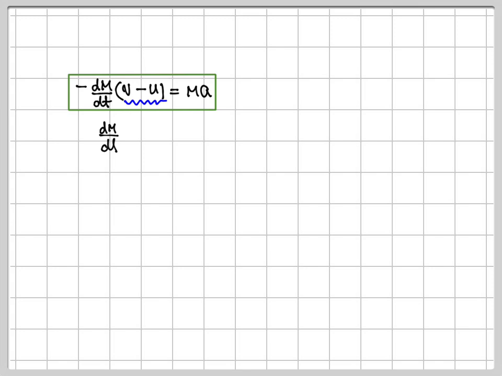So this is the first rocket equation. We can use v minus u, velocity of the rocket minus velocity of the fuel, or we can use a relative velocity, v relative.